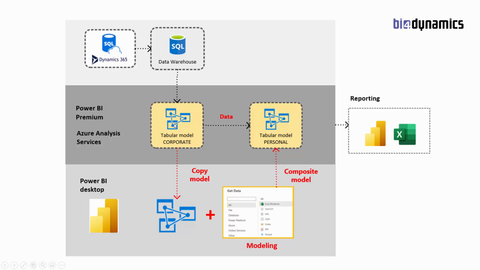What is the beauty of the composite modeling is they are not going to make any movements of data in terms of the corporate model or change the model here. The corporate model will always be there, the data will be there, the one version of truth will always be here. The data will go directly into this departmental model.